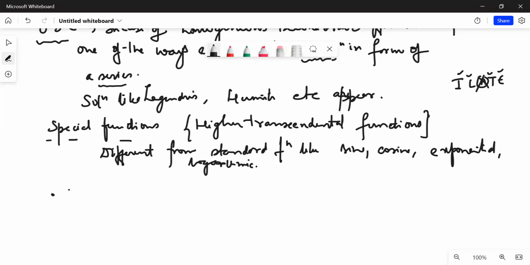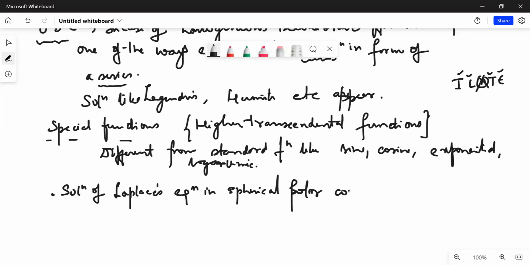One of the places we've already studied is the solution of Laplace's equation in spherical polar coordinates with azimuthal symmetry.